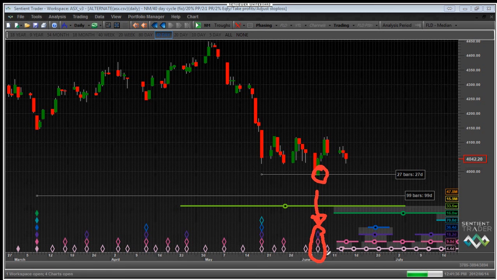Now, here we have an analysis that actually tells us that this trough is only of 20-day magnitude.